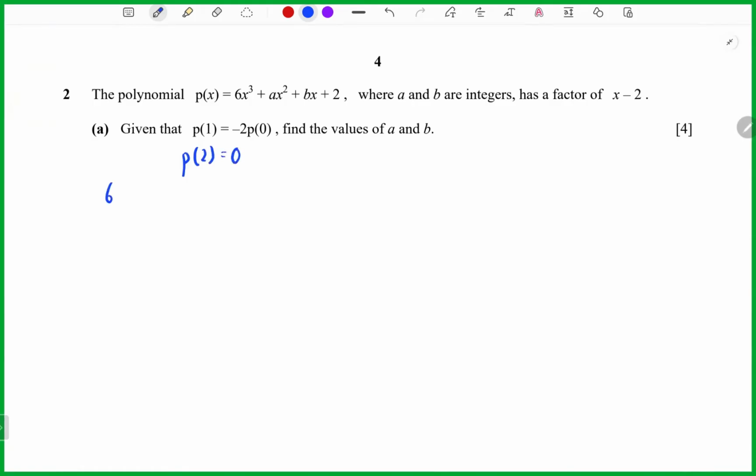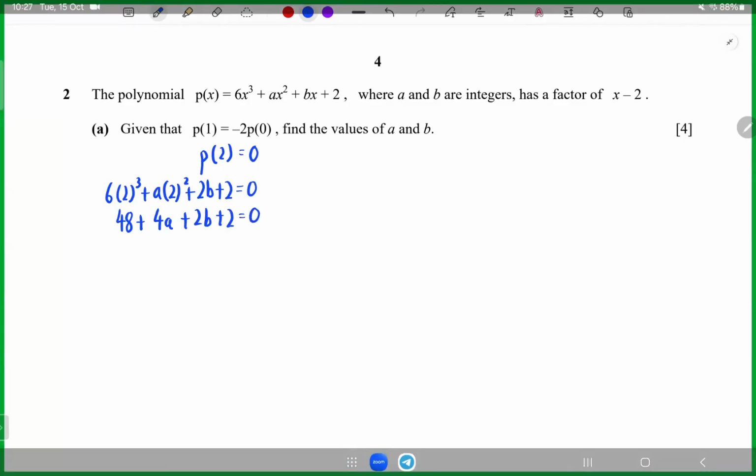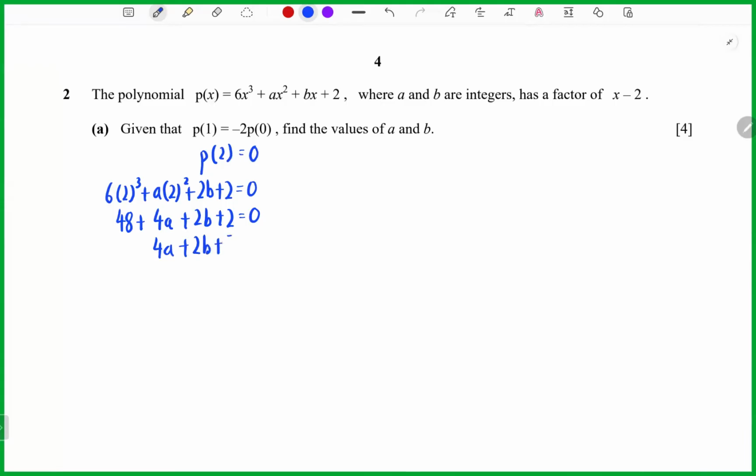So 6 times 2 cubed plus a times 2 squared plus 2b plus 2 equals 0. 6 times 8 gives 48, plus 4a plus 2b plus 2 equals 0. Simplifying, 2a plus b plus 25 equals 0, so 2a plus b equals negative 25. This is the first equation.